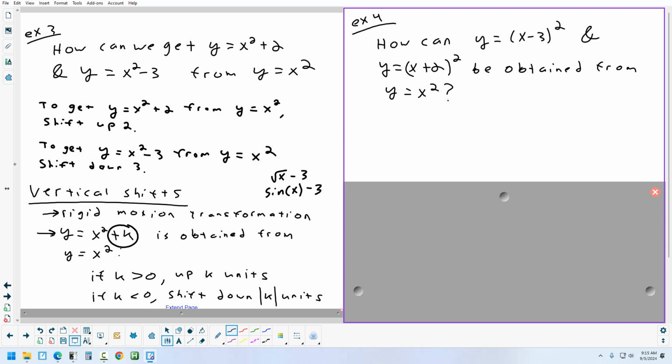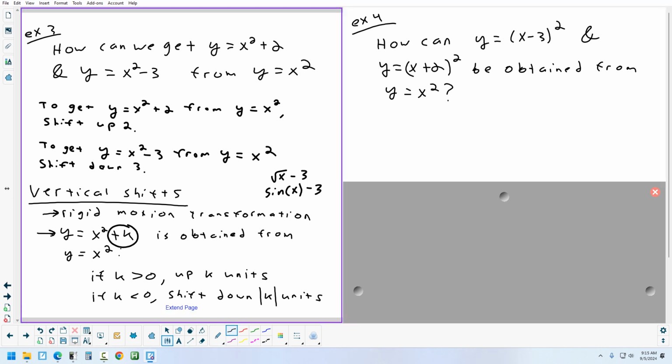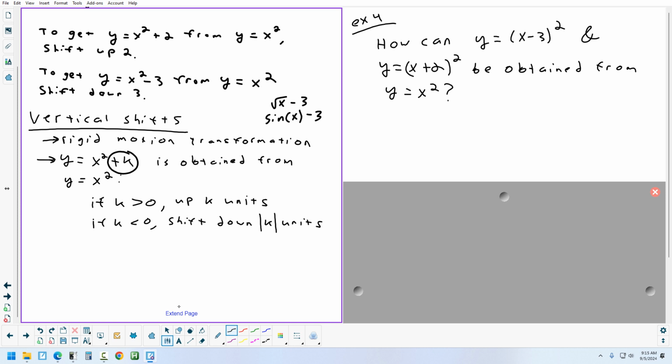Okay, so next thing we're going to look at still has to do with adding or subtracting, but it's a little different. It's adding or subtracting, but it's inside the function. It's not on the end of the function. So it's adding or subtracting something right on the x. What do you think a -3 is going to do?